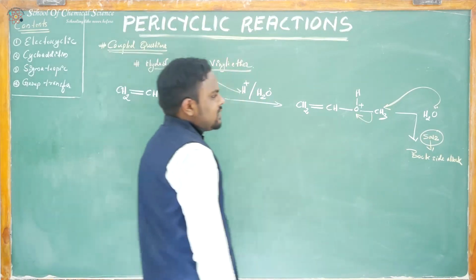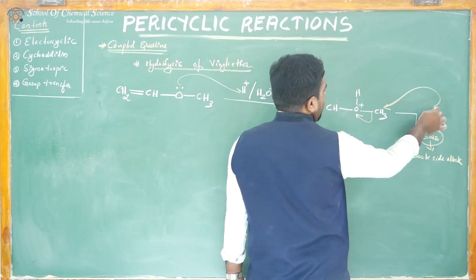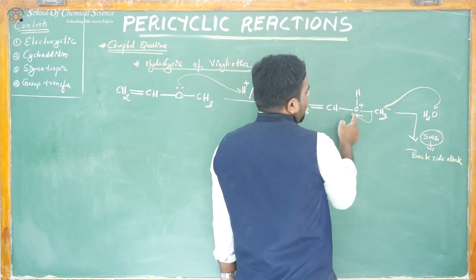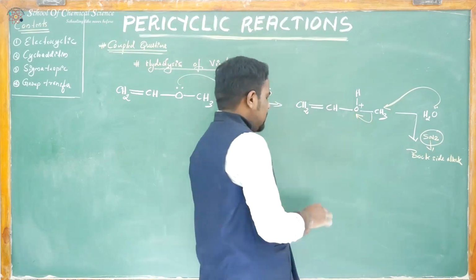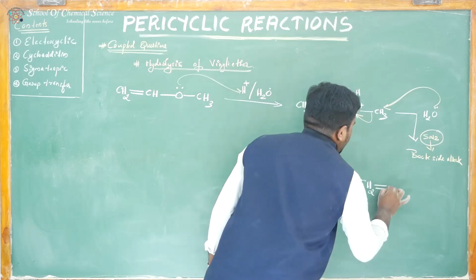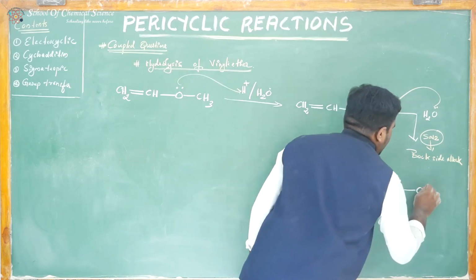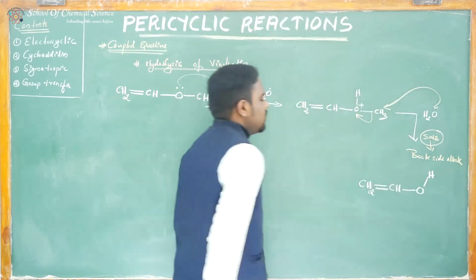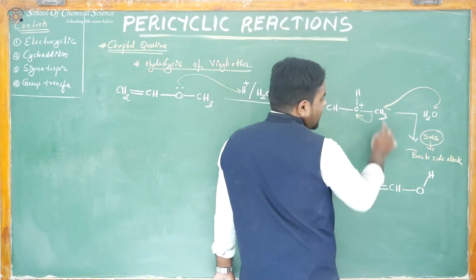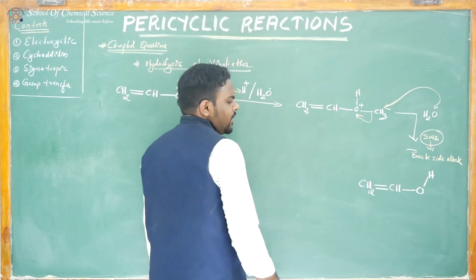This is a type of SN2 attack or the backside attack. The lone pair on oxygen attacks this carbon, and this sigma electrons shift towards the oxygen atom, and you will get the product CH2 double bond CHOH. Methanol is eliminated.